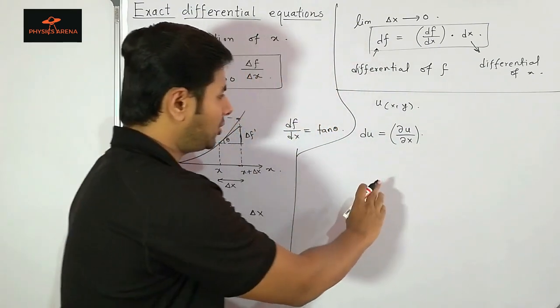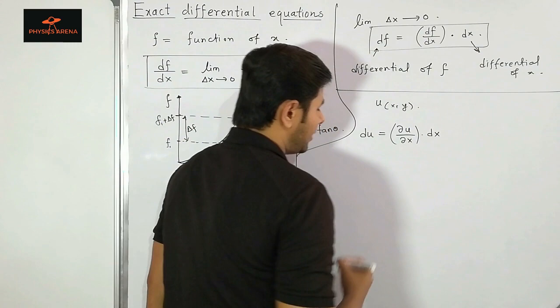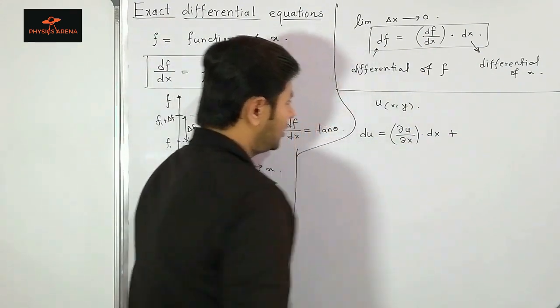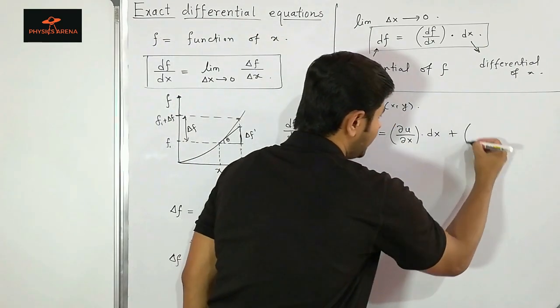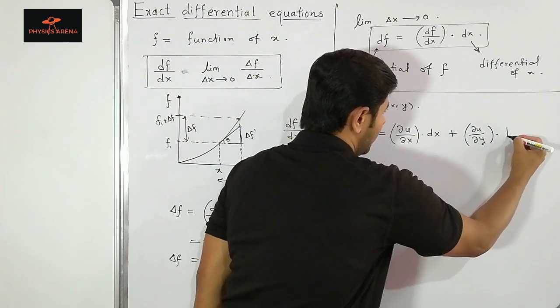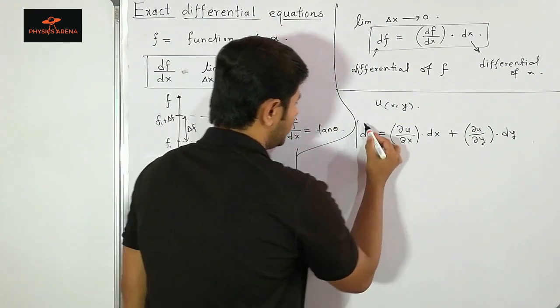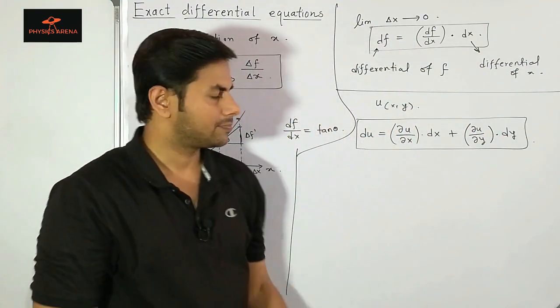This is multiplied by dx, plus, since we have another variable, the partial derivative of u with respect to y multiplied by dy. So this is the complete differential of u.